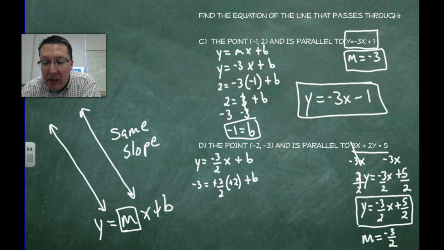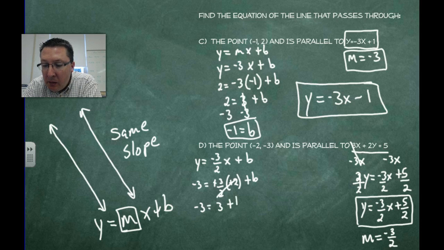So get those negatives out of the way. Also, the 2's will cancel. So that leaves -3 equals 3 plus b. Okay, no more fractions to deal with. Finish solving for b. I'm going to subtract 3. So b equals -6.